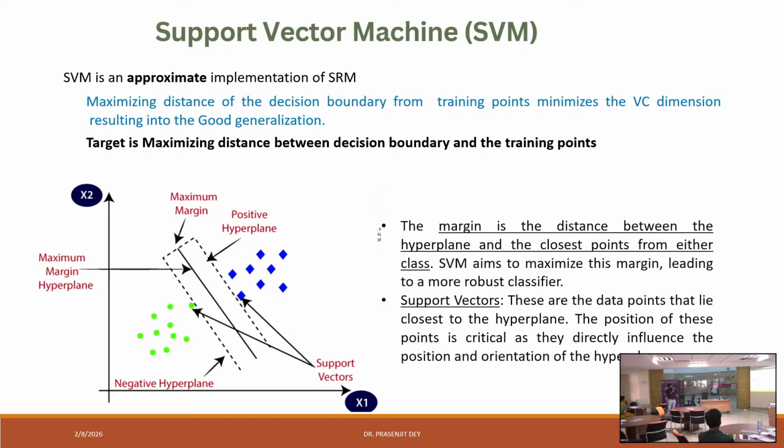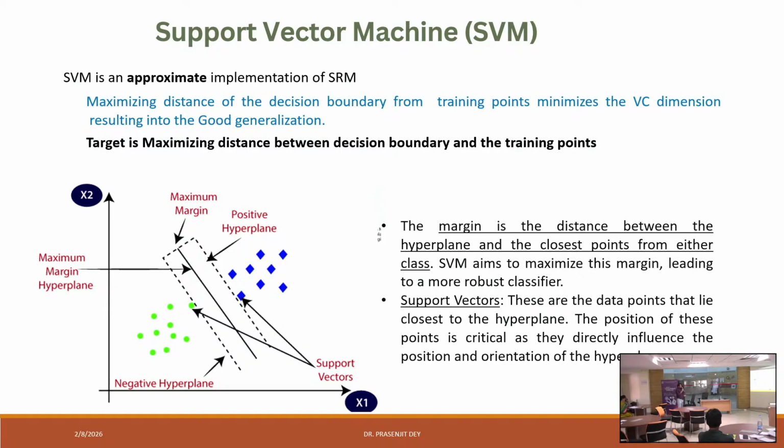Now what are the support vectors? For drawing this hyperplane, will this point have any influence? Will these points have any influence on drawing this decision boundary? The simple answer is no. So all the training data points do not participate in forming the orientation of the hyperplane.